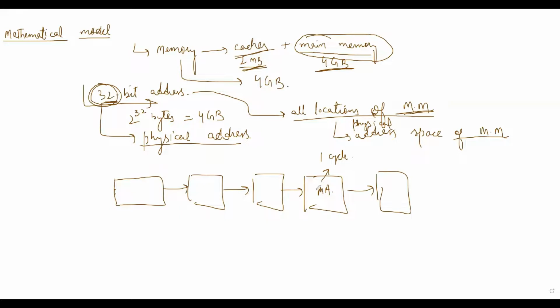Whenever we have to access the memory, we will first access the cache. However, if there is a miss, then we access other levels.